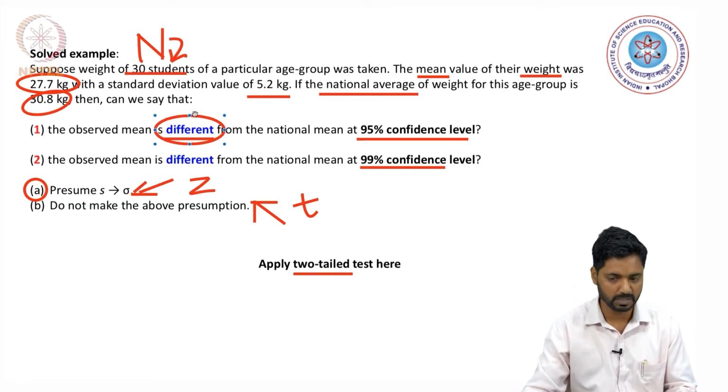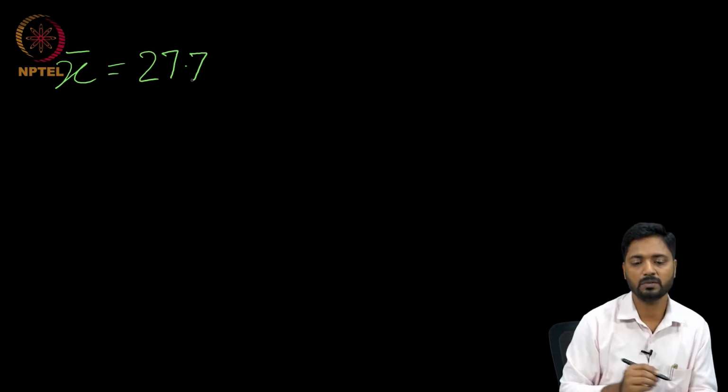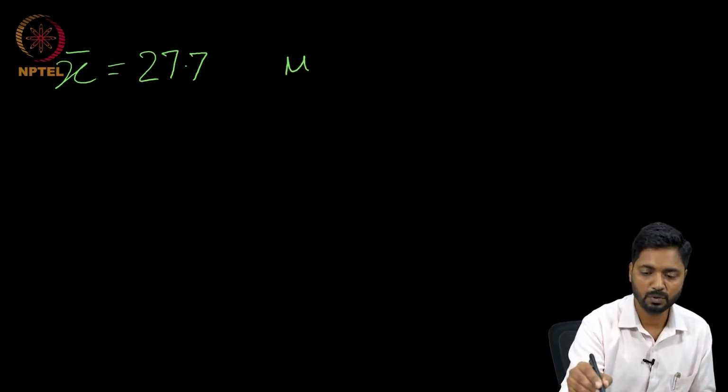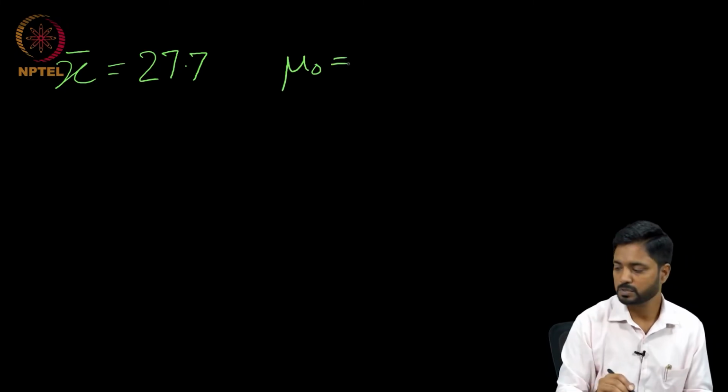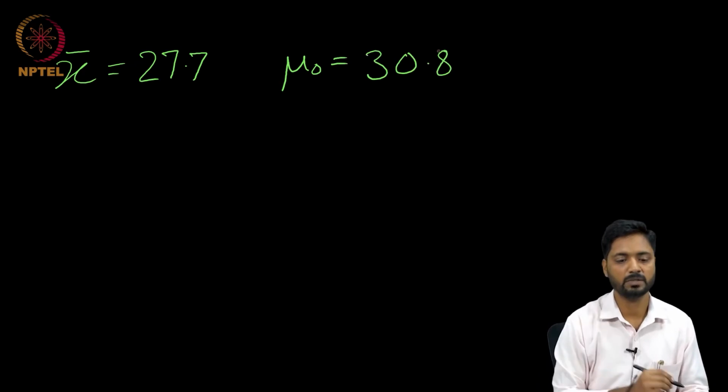So, let us do this exercise. What we know from the obtained data is that the x bar value is 27.7 kilograms, while the mu naught value was supposed to be 30.8 kilograms.